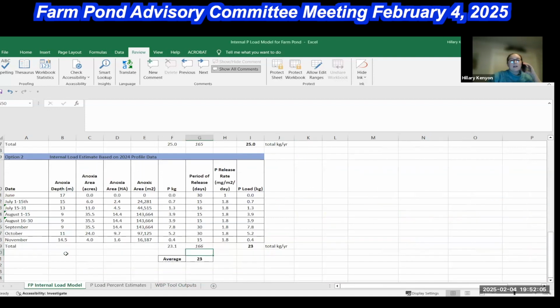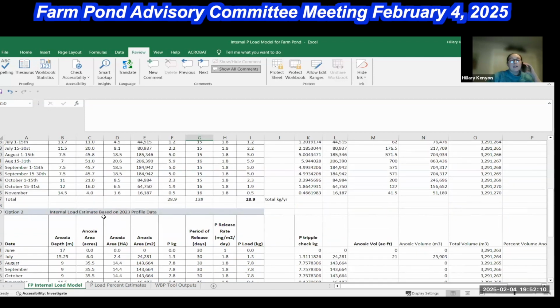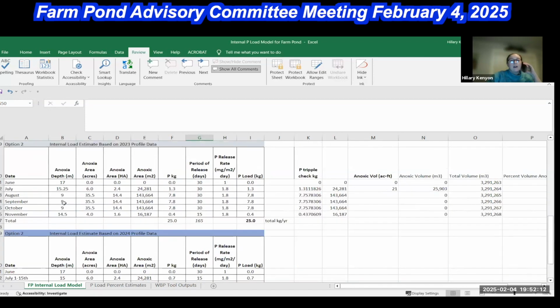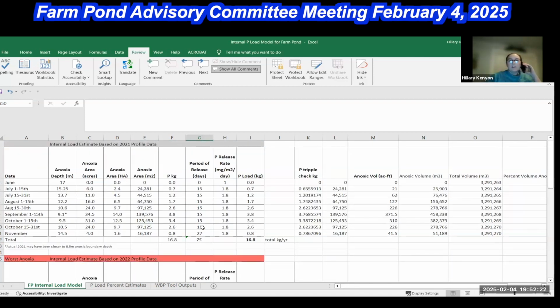You guys should be able to see this. I did 3 years of estimating the area of anoxia and corresponding volume. I don't know if I'm going to be able to switch back and forth, but I have this other spreadsheet that has what I call a hypsographic curve based on your bathymetry data and corresponding area based on each contour depth.